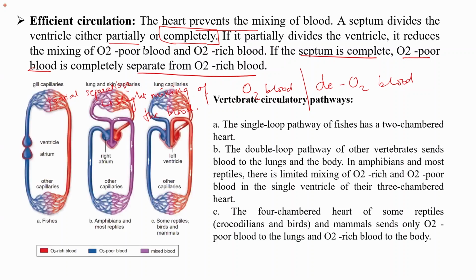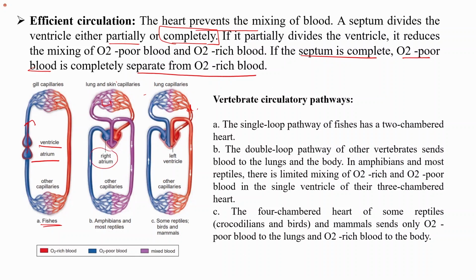You can see here that in the fish, as I mentioned, there is a single ventricle and a single atrium, so the blood flows directly like this, and there is a complete mixing. While in amphibians and most of the reptiles, there is a right atrium, a left atrium, and then a single ventricle, so there is a slight mixing.